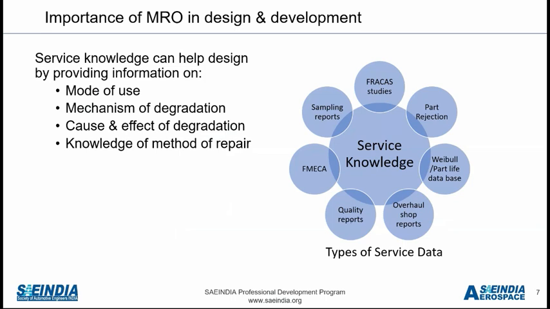And what kind of processes are there, like when we are running the FRACAS, or part rejection has happened, or we have a part life database from the field experience, then overall shop repair reports, quality reports, FMECA sampling reports, everything. Basically in each of the steps we are doing some kind of service or repair, right? So this service knowledge is getting accumulated, and it helps design engineers in four ways.